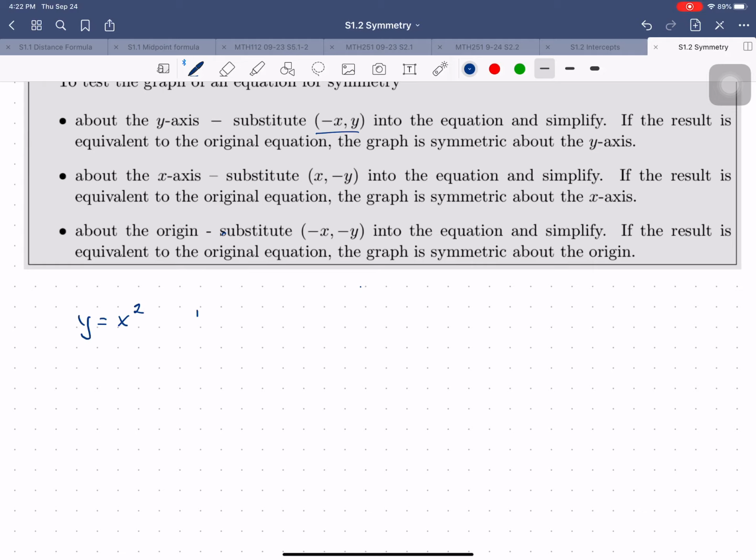So I'm going to test for symmetry about the y-axis. I'm replacing y with y and x with negative x.